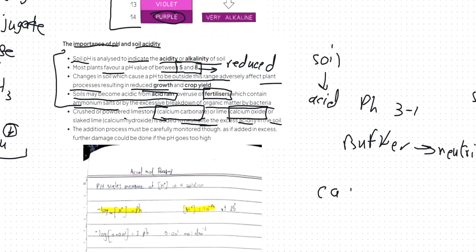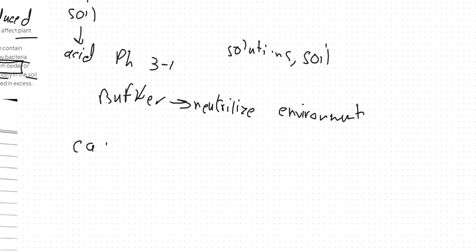You have to memorize these three buffers for soils. They can all act as buffers and neutralize the environment, so the soil becomes less acidic. So this was the basic stuff.